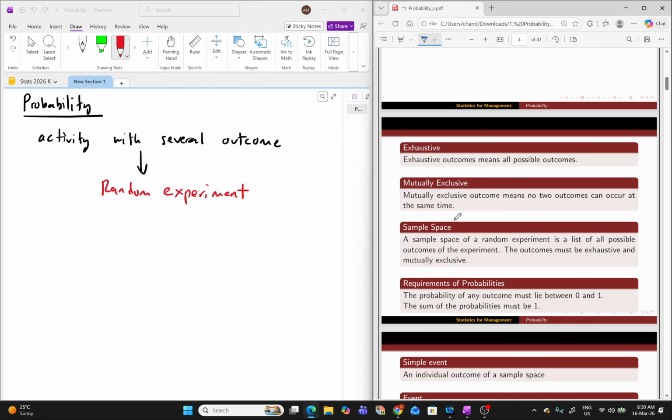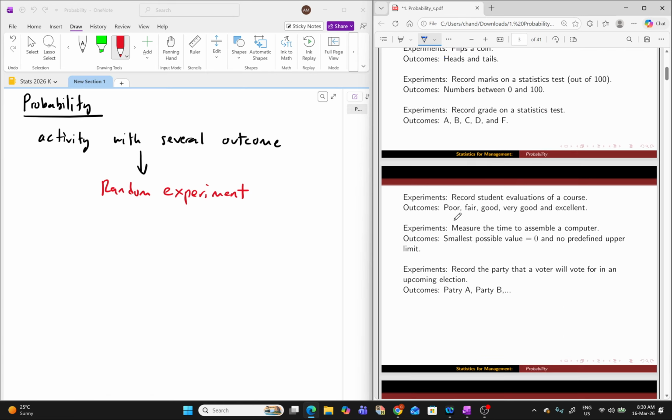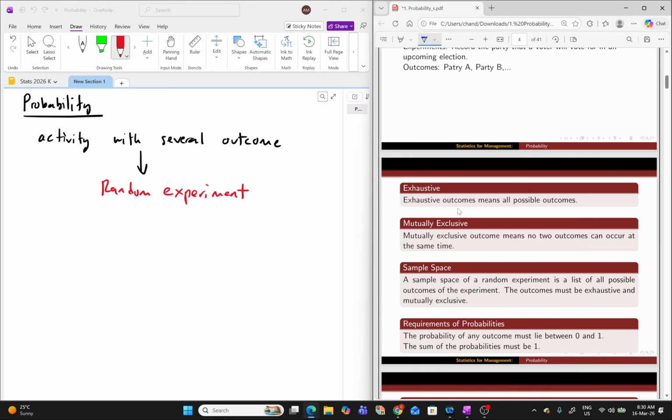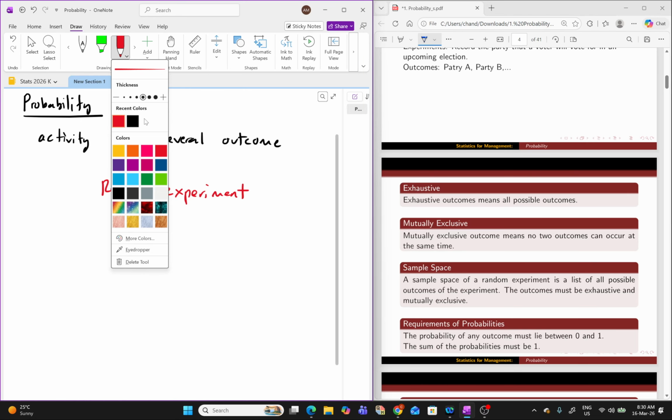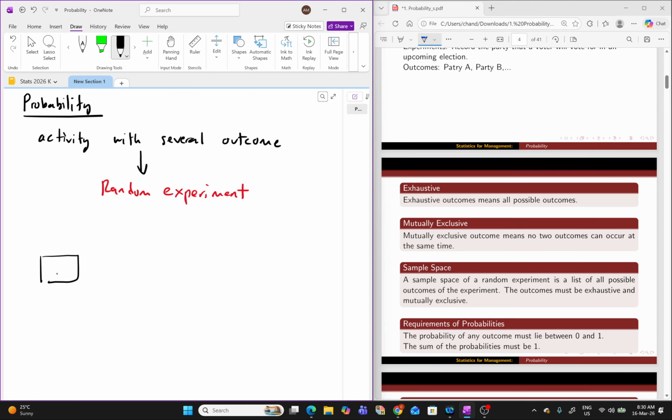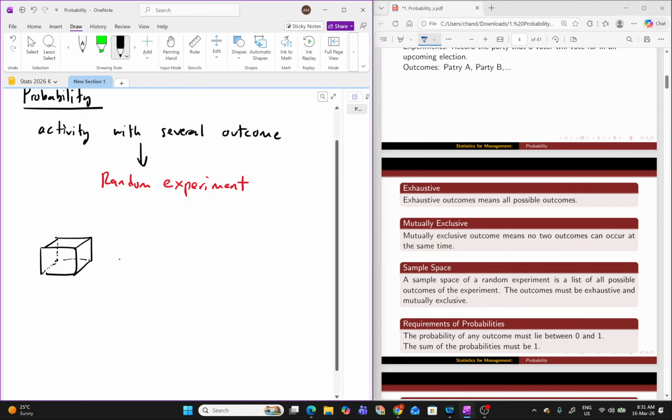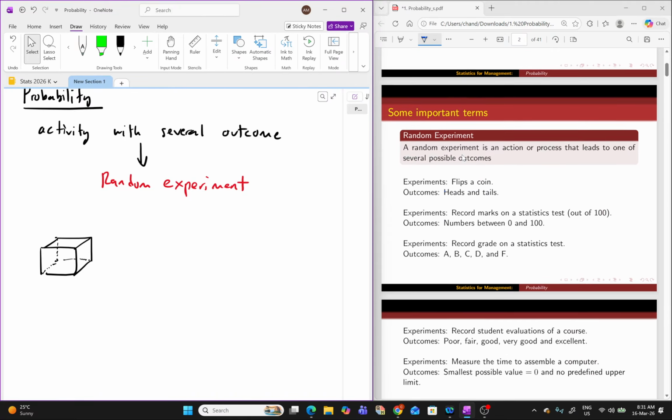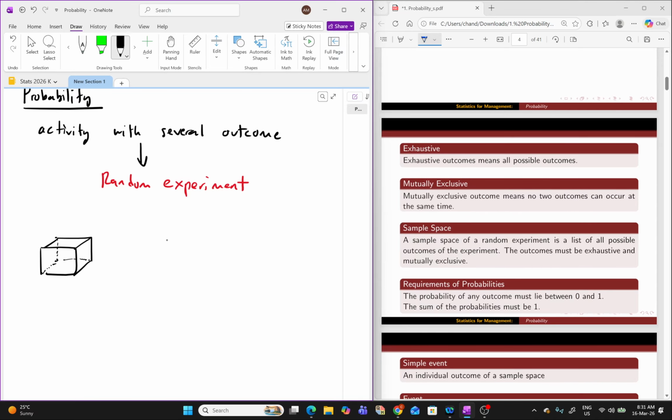When you do a random experiment, you will get outcomes, isn't it? If you list out all the possible outcomes, it is known as exhaustive outcomes. For example, let's say this is a die, and we throw the die.